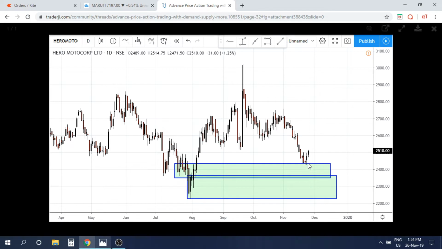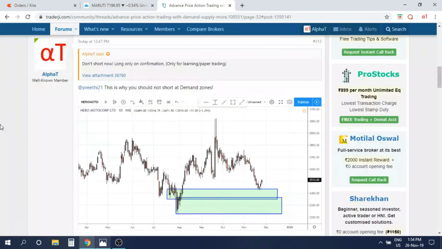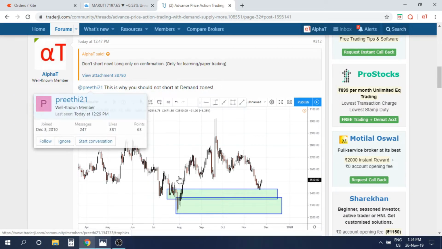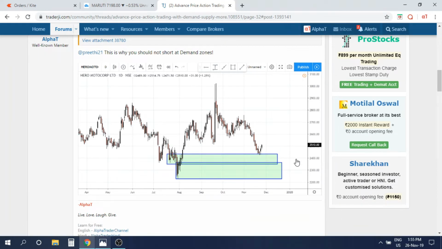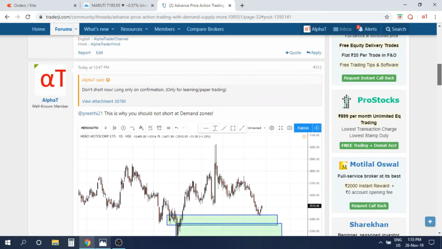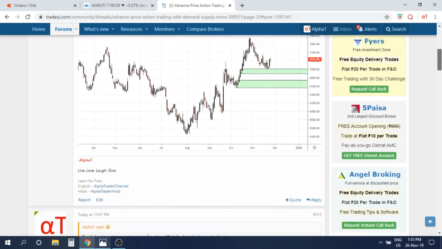So, and this is what happened. In a couple of days, price is reacting in the opposite direction from this because of the potential pending orders being released from here, right? And yes, so this was also something that I had to reiterate to Preeti regarding these things that should be avoided. So thanks, Preeti.